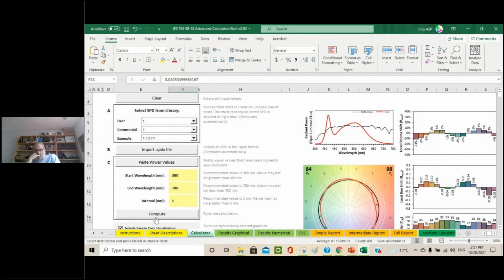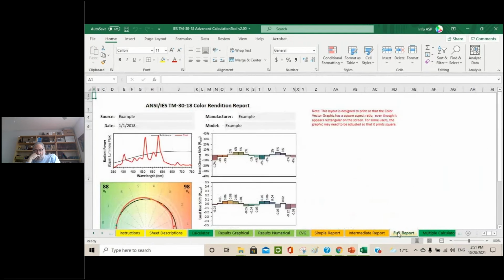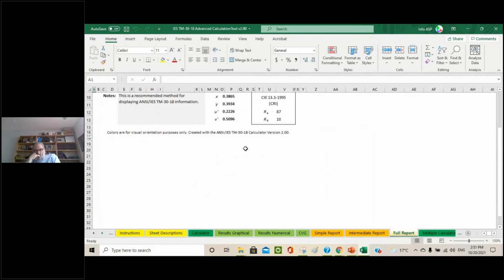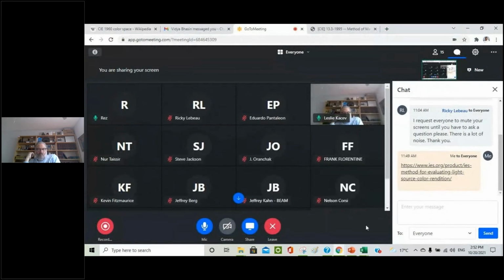See what happens when I click Compute. It goes back to fluorescent, and all these curves change. Once again, you go to the full report, and basically you can print out this report. All right, so that was that.